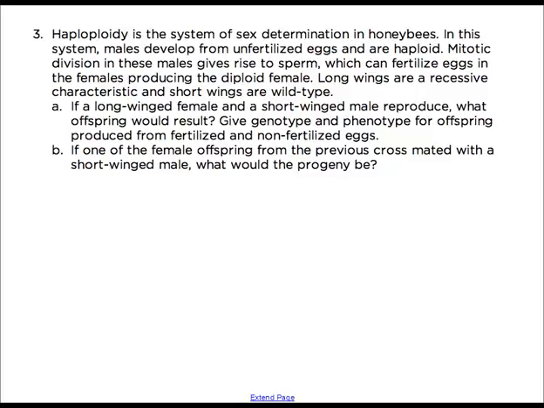Now, a couple of things before we go into A and B. Haploploidy, it's okay to say, but very often you will hear this same system referred to as haplodiploidy. It depends on the professor and it depends on the textbook. So if you see haplodiploidy or haploploidy, it means the same thing as far as any circumstance I've ever seen.